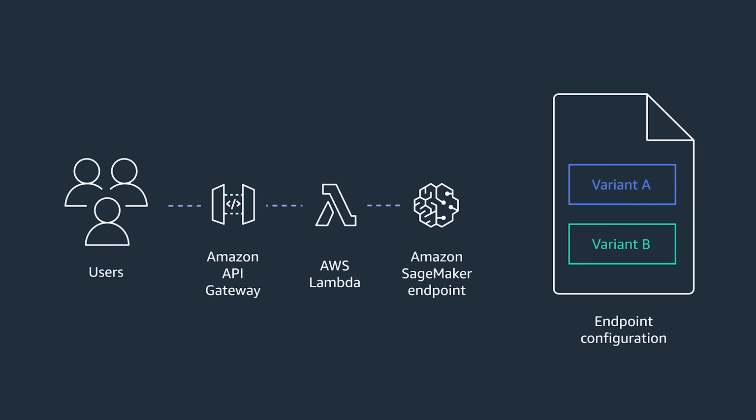One way to do it is using Blue/Green deployments. You have a blue environment with the current production model and a green environment with the new version you want to release. You can define the setup for these environments and how much traffic to send to each of them in the endpoint configuration. You keep the real traffic going to the blue environment, and you can directly test your green environment by specifying a parameter in your request.